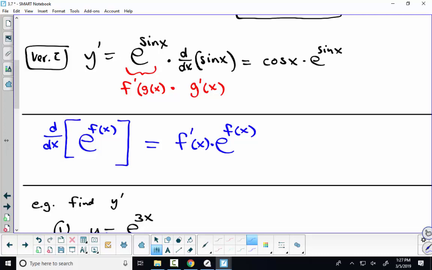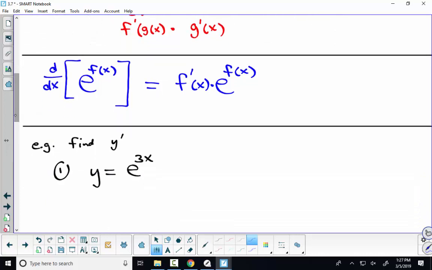Think about it as the derivative of e to a power. As long as that power is a function of x, the derivative of e to that power is e to that power times the derivative of the power. And maybe we should say here where f of x is not constant.